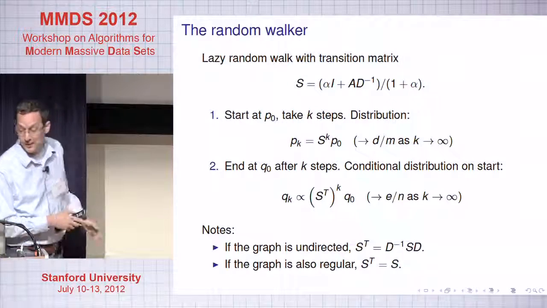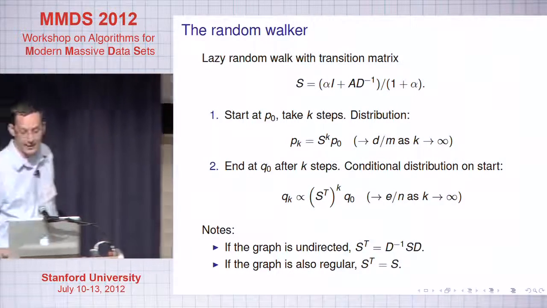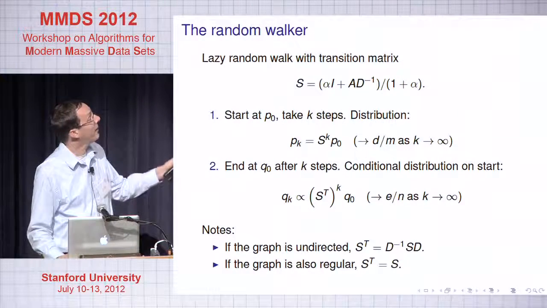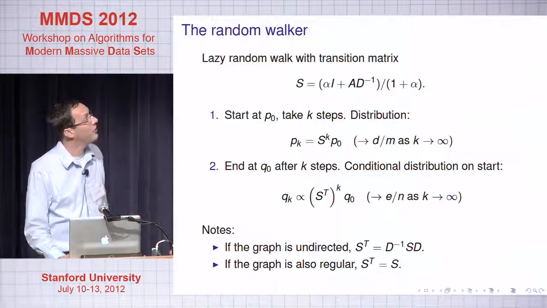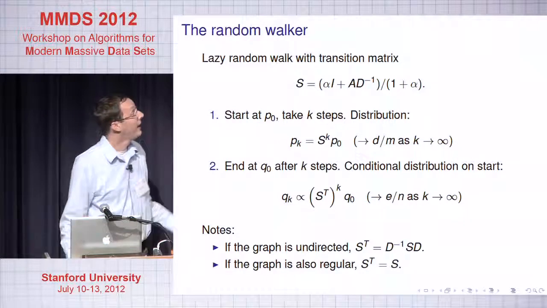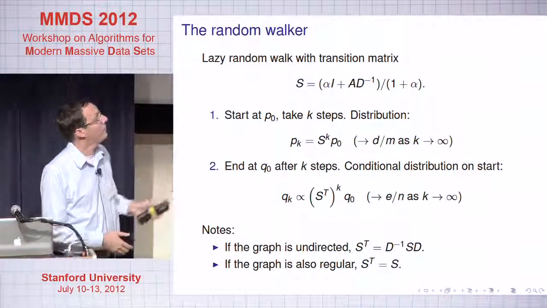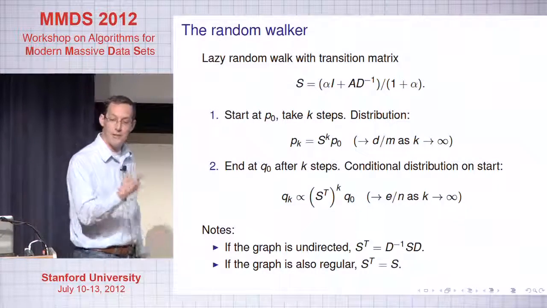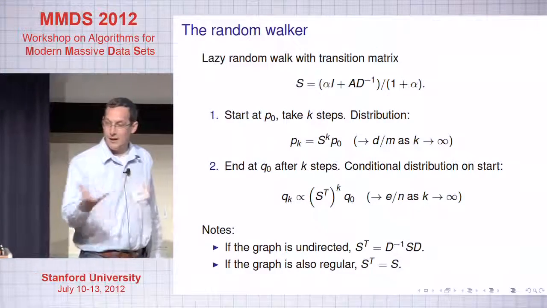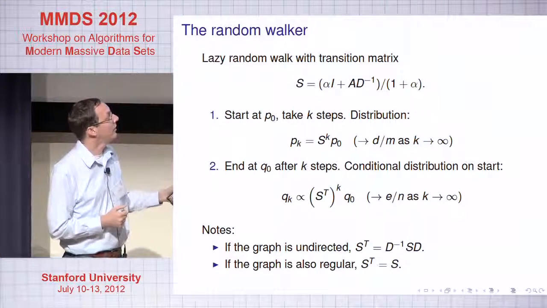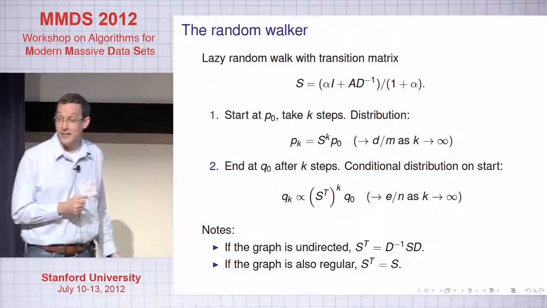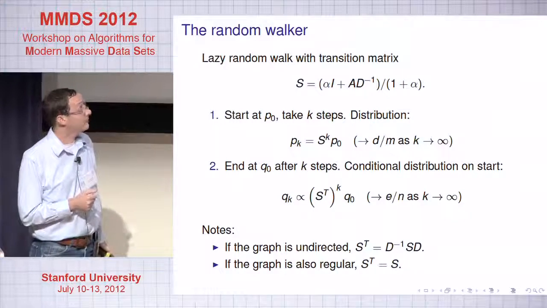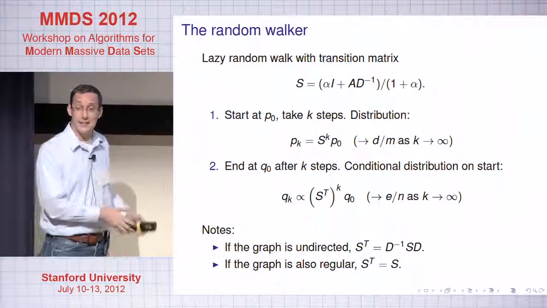I set it equal to 0 when I'm allowed to, otherwise call it a half. So I start at some initial distribution, which is concentrated at a particular node. I take k steps. My distribution is S to the k times p naught. And as time goes to infinity, that's going to a stationary distribution, which is associated with whatever the degrees in the graph are. But it may take a while to get there.